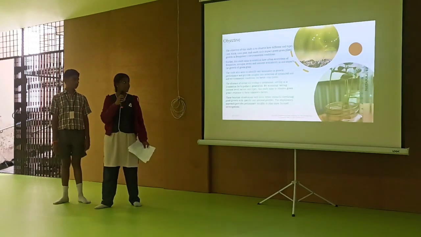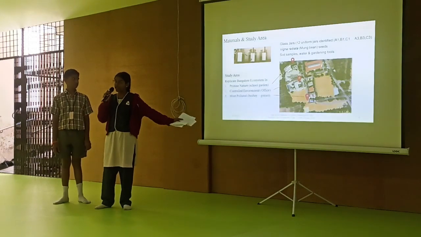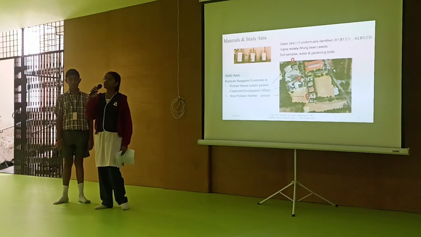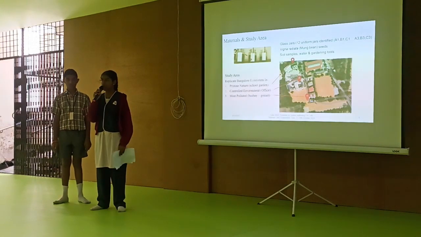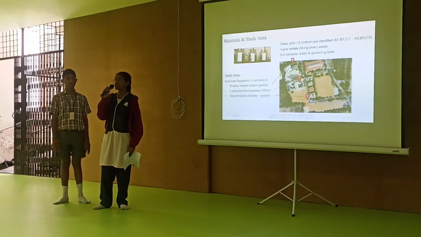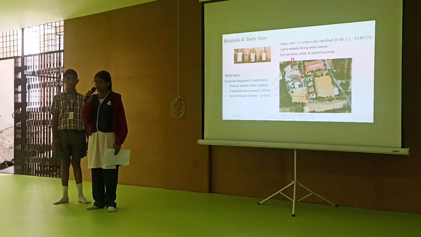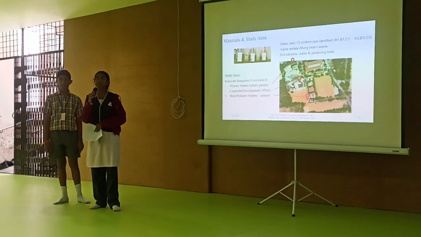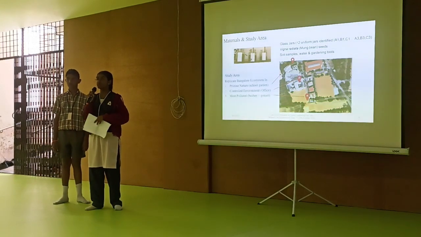Now coming to the methodology behind the experiment, a thorough survey of the locations across our school was conducted. So we found 3 different sites that could resemble Bangalore's varying ecosystem to the maximum.